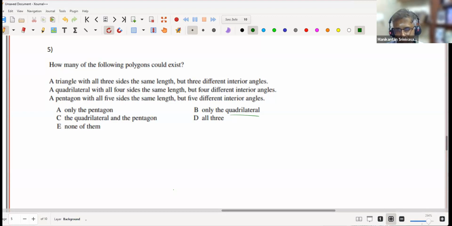Yeah, Avinash, are you with me logically? Yes, sir. Okay, but only the quadrilateral, Avinash, how is it possible? All 4 are the same length, but 4 different angles. 4 different interior angles. So which means all 4 sides are the same, it's like a rhombus, right? Not like a rhombus, it is a rhombus. Yes, sir. But then there'll be 2 pairs of equal angles, right? All the 4 angles will not be the same.